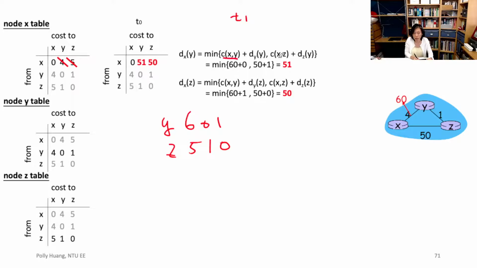So the link cost is actually the same. What's a little bit different are these. Now, y is always 0, like zz, like xx. Now dzy is still 1. So 60 compared to 51, still 51.